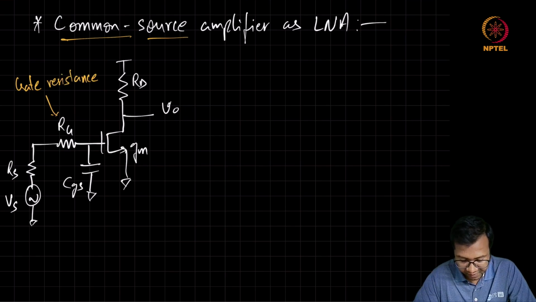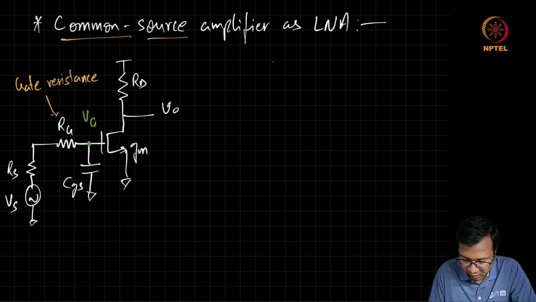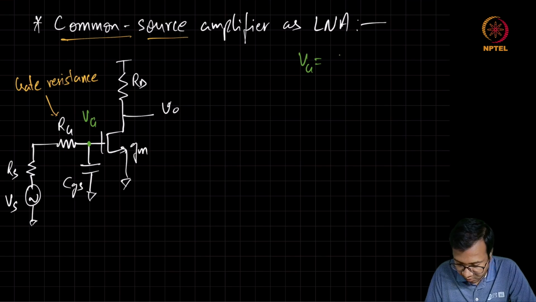Now for this very simple circuit, let us try to see what is going to be the gain. If we first find this voltage VG, it is going to simplify finding V0. This voltage VG is going to be equal to, if this is Vs, you can just see a simple low pass behavior. It is going to be Vs divided by 1 plus s CGS (Rs plus Rg).